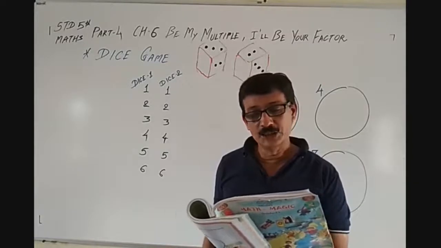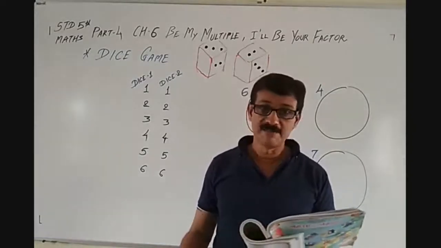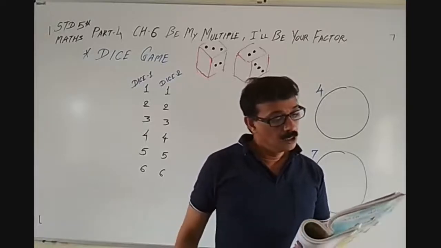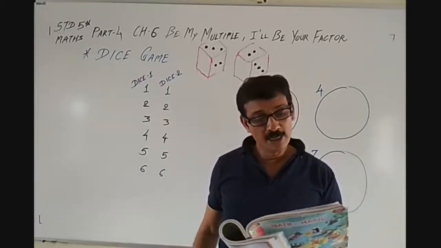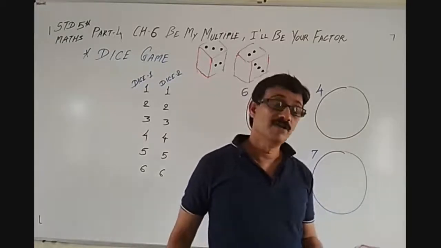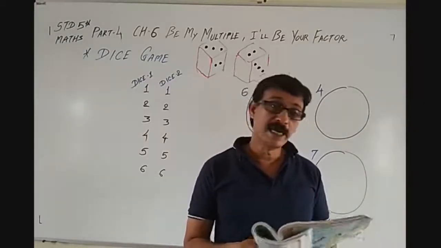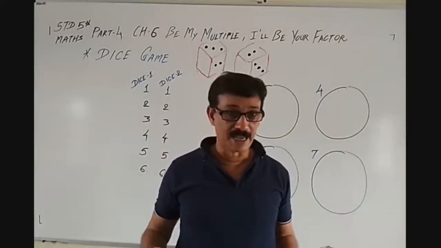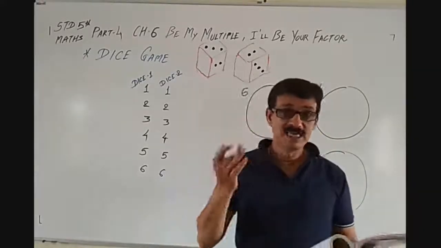Then it is your friend's turn. The one who can write more numbers in 10 rounds will be the winner. Okay, जो अपने सर्कल में सबसे ज्यादा नंबर राइट कर पाएगा will be the winner.